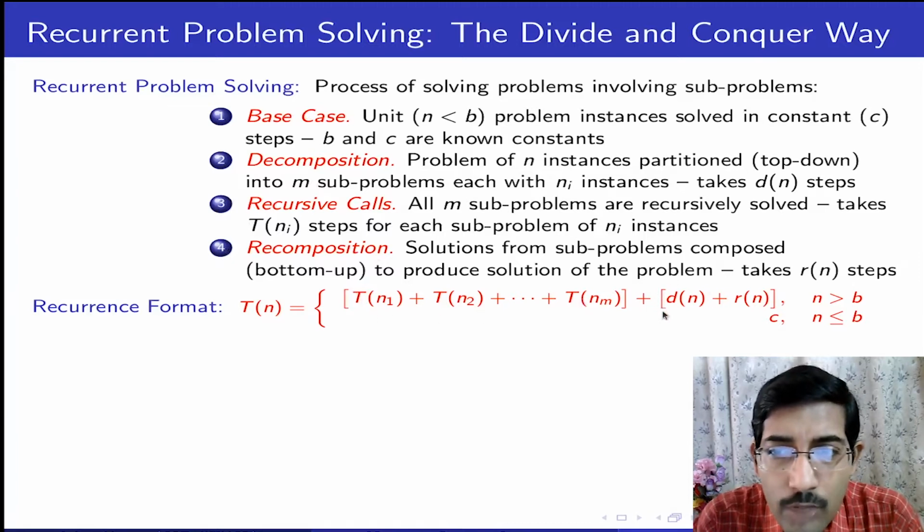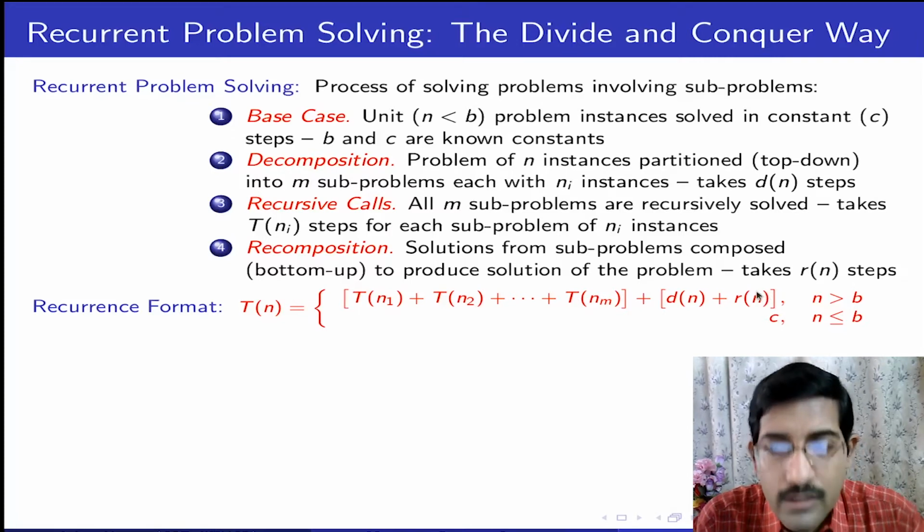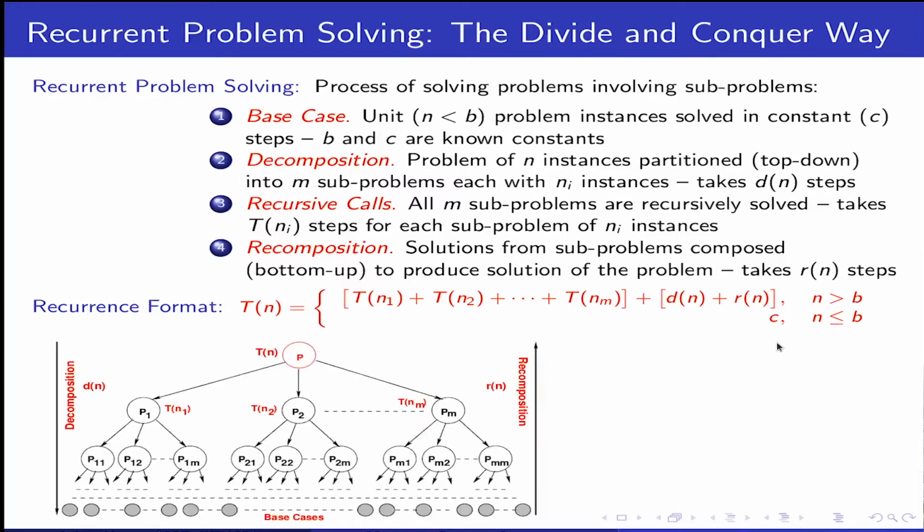Since we decompose using d(n), it is the number of steps to decompose, plus the number of steps to recursively compute each of the sub-problem solutions, plus the number of steps to recompose and get back the final answer. This applies to instances larger than the unit instance. And obviously, if we get a unit instance or less, we produce the answer as a direct solution to the problem.